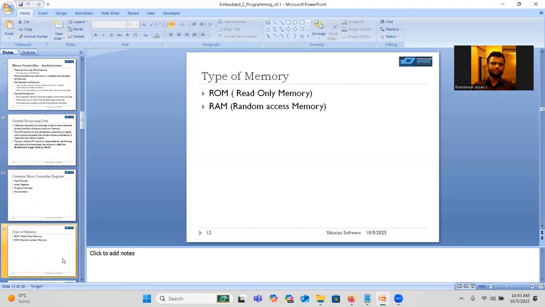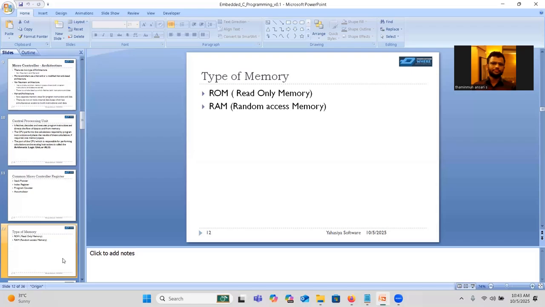Then the types of memory. As I told you before, there is read-only memory. That means you can program it only once and then you can only read. This is called read-only memory, or one-time programmable memory. It is called ROM. Then RAM.